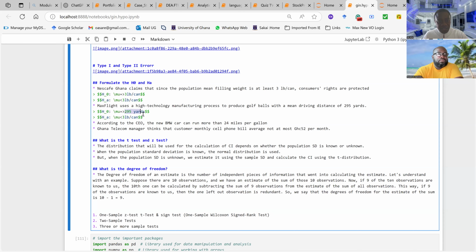You do the same thing: copy this and put it there. The symbol is equal to for the top one, because it is of 295 yards. And the opposite is not equal to.